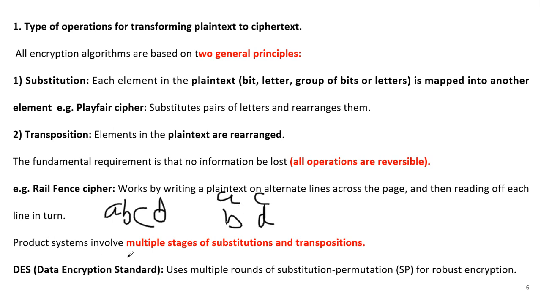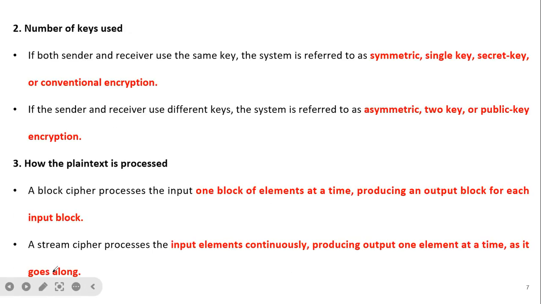Product system involves multiple stages of substitution and transposition, and product systems are used in DES and AES. See the example DES, data encryption standard. It uses multiple rounds of substitution and permutation for robust encryption.